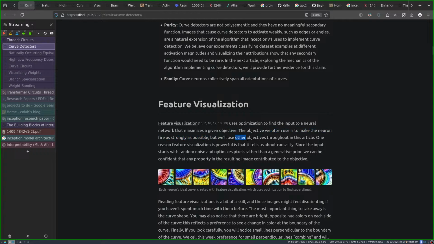We'll use this objective throughout the article. One reason feature visualization is powerful is that it tells us about causality. Since the input starts with random noise and optimizes pixels rather than using a generative prior, we can be confident that any property in the resulting image contributes to the objective.